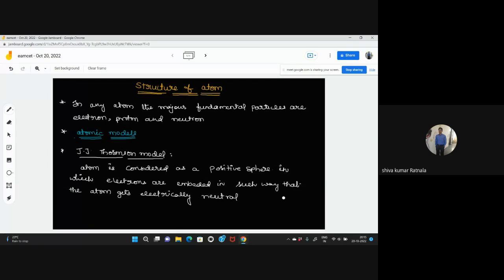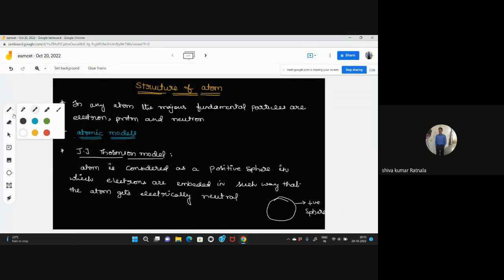For example, this is the atom, a positive sphere. A positive sphere means all the protons are arranged or aggregated in a spherical manner.